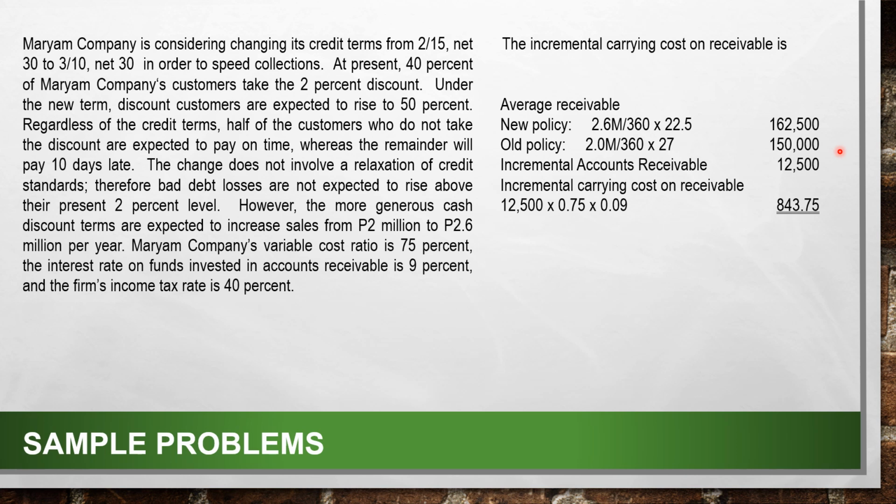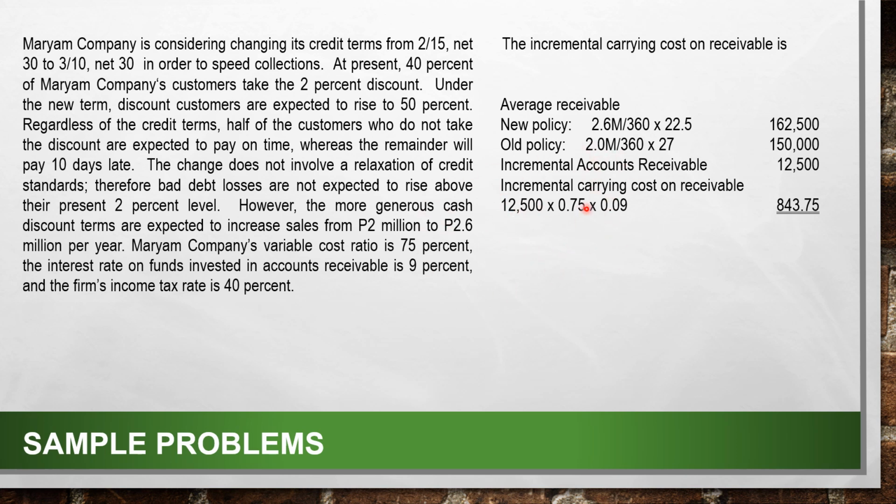So that 12,500, our increase, should have been money that could go to other interest-bearing opportunities, and that is specifically stated in the problem, that the interest rate on funds invested in accounts receivable should be earning at 9%. So that incremental accounts receivable of 12,500 times 75%. Again, why do we need to multiply by 75%?